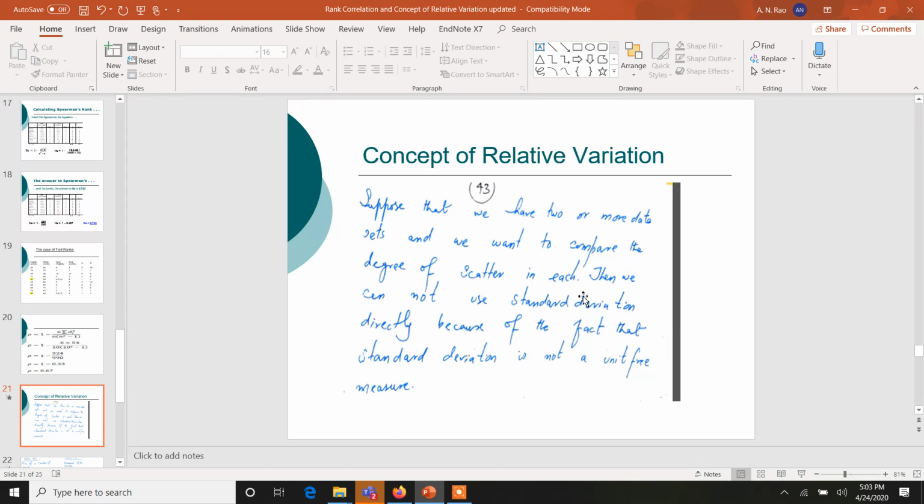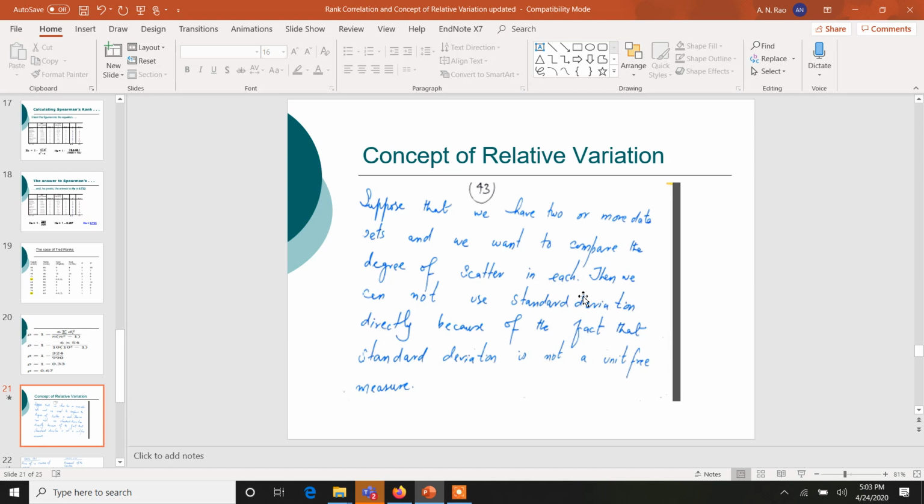So we cannot compare the standard deviation of marks in these two sections, although the units are the same, both classes being graded, let's say, out of 20. But just because the invigilator was different in these two sections, we cannot and we should not use standard deviation for comparison of variation in these two data sets.